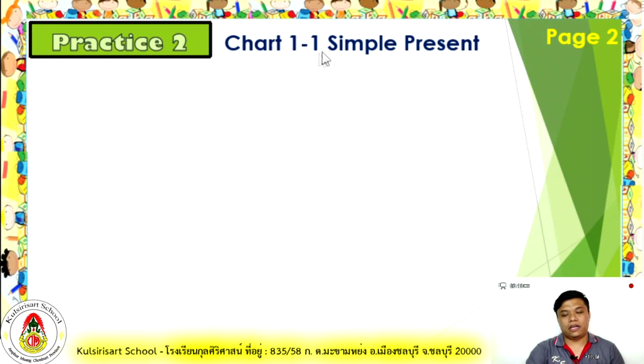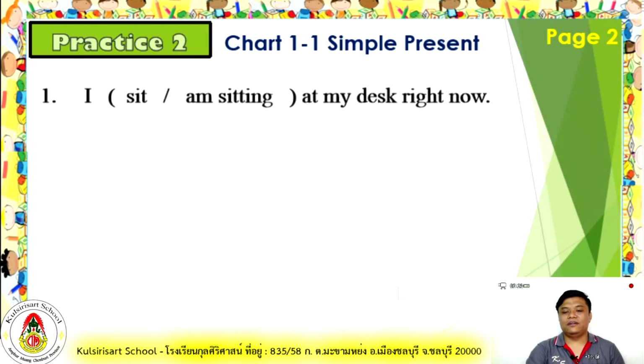Practice number 2, please open your books to page number 2. Chart 1-1, simple present. Okay? First example: I am sitting at my desk right now. So now is the word there. If there's now, it is happening right now. So what do you think?